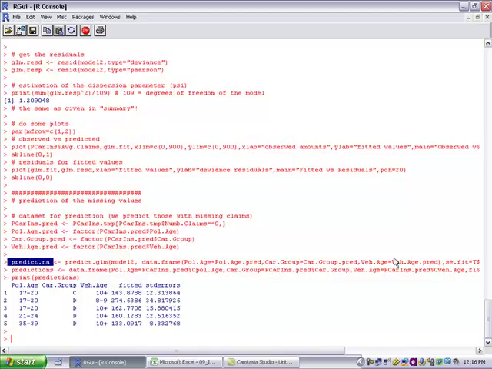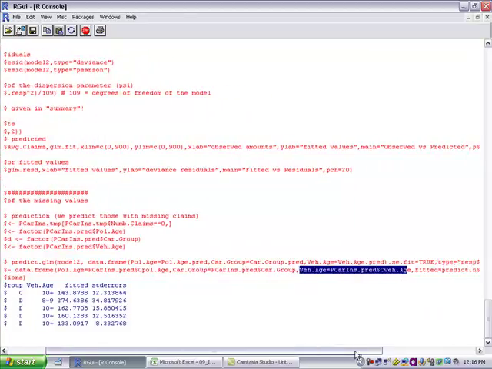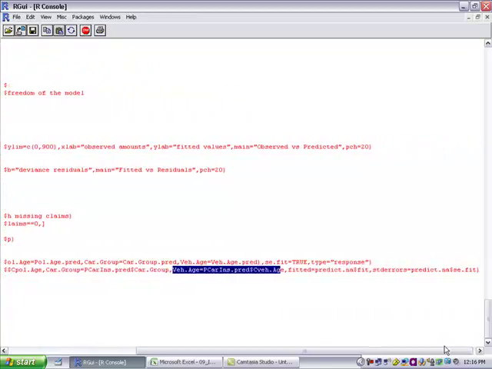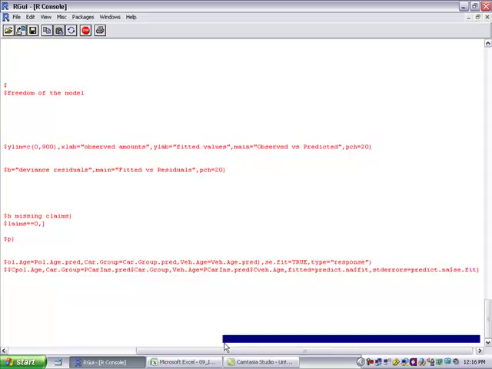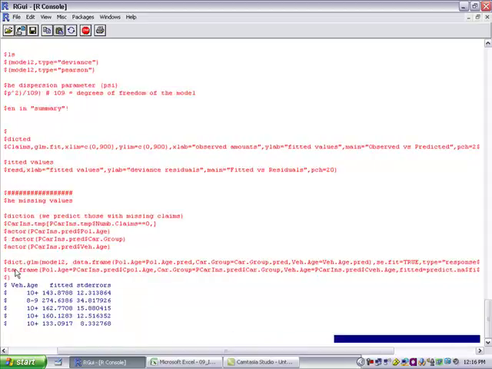So I've just put in a data frame the policy age, the car group, vehicle age, and then in the column fitted, I take the predict NR, the fitted values, and the S of fit. So predict NR, it's the object we've just calculated there.